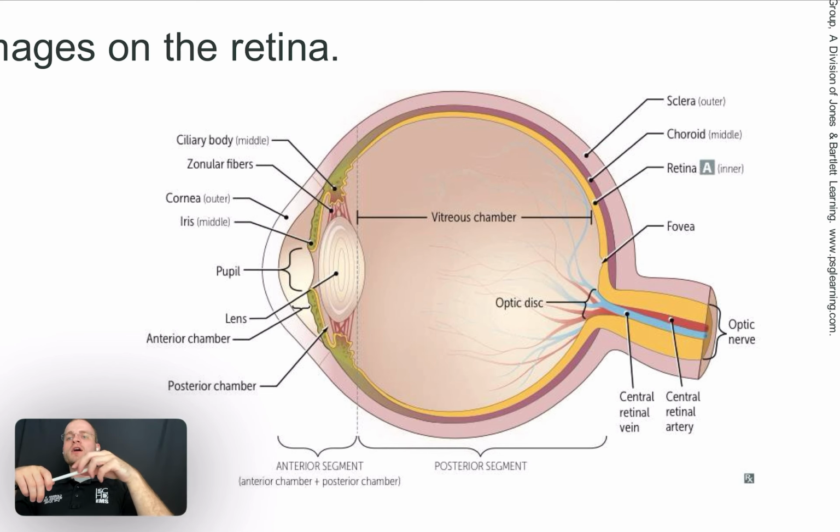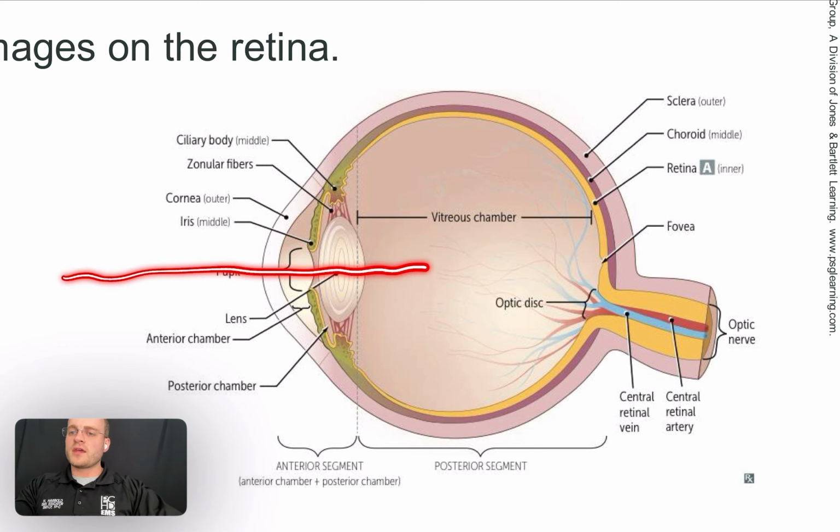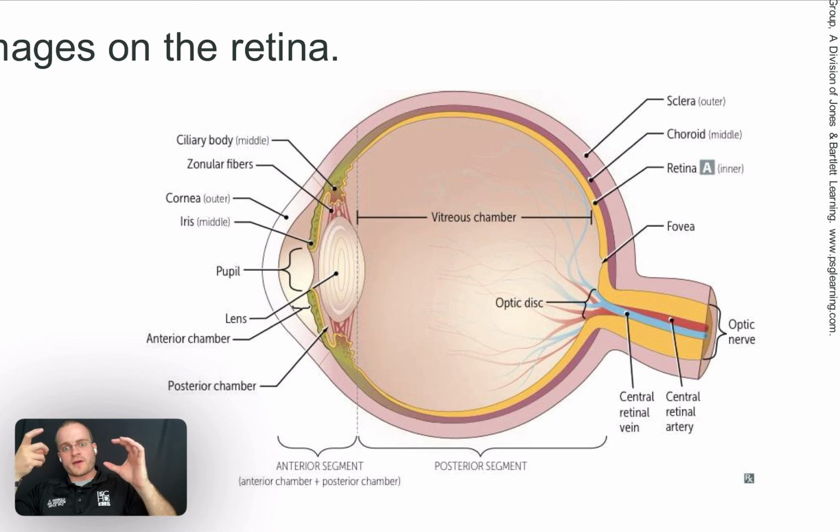Just to explain that again, light will come in and pass through this lens, literally like my glasses lens. But the cool thing about the lens in our eyes is it can change shape to focus. Have you ever looked at a wall and changed the focus of your eye so the blurriness changes between close and far? That's the change in your lens. It can change shape a little bit to help us focus. It's called accommodation.